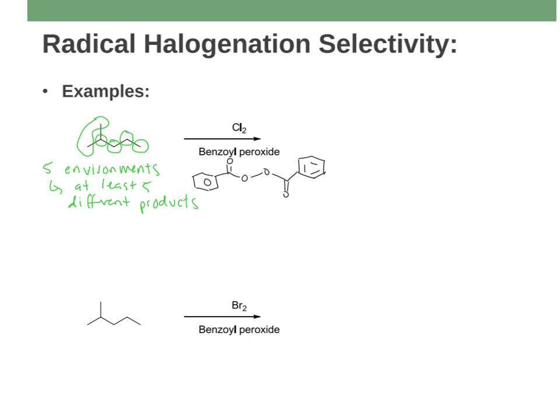And I say at least 5 different products because I'm not even counting the stereoisomers, because again, we said that chlorines could add on one face or the other face. So let me start drawing these. I'm just going to call these positions 1, 2, 3, 4, and 5. I could imagine drawing this molecule out where I put a chlorine on position 1.